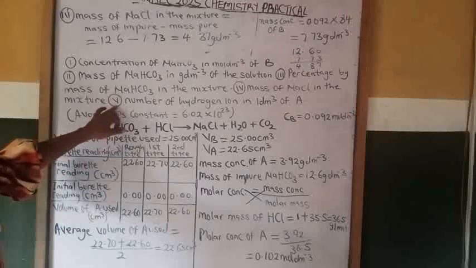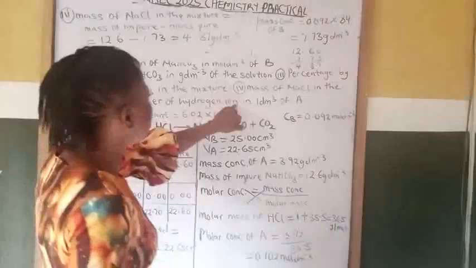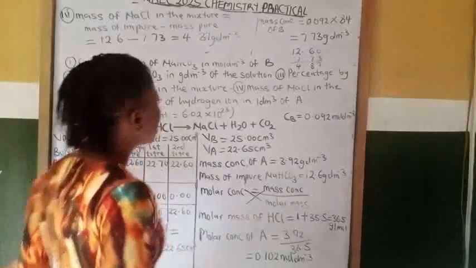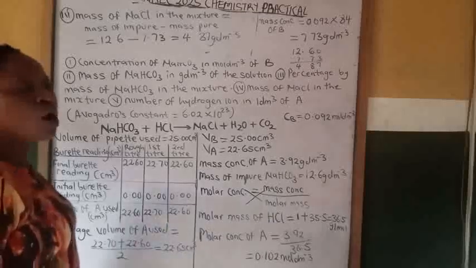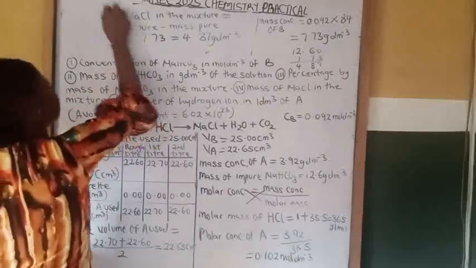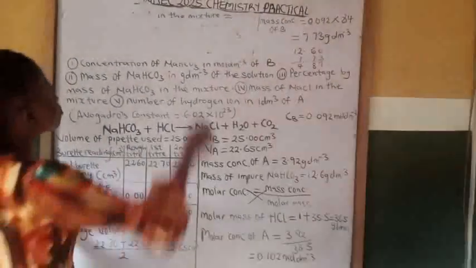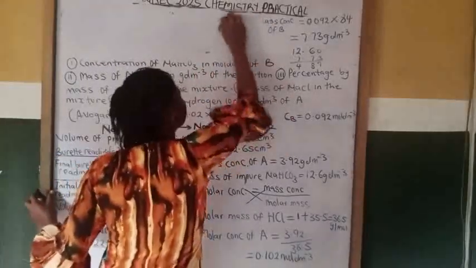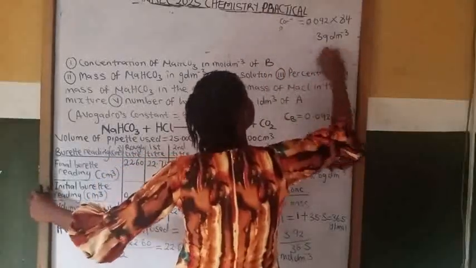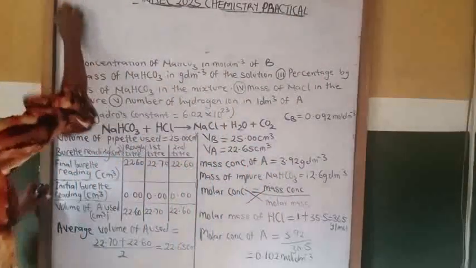Then finally, the last question on this aspect says, calculate the number of hydrogen ions in 1 dm cube of A. So we go back to our mole concept. We apply the mole concept formula.